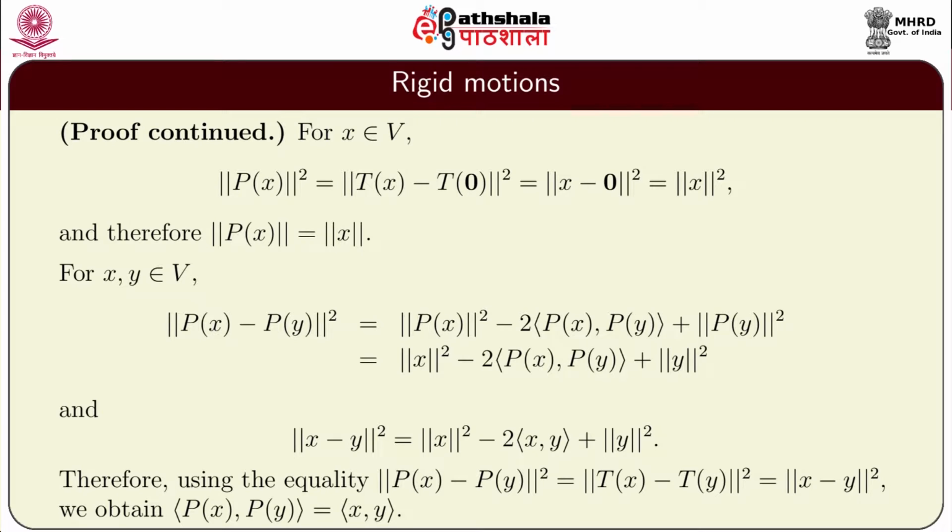And for x, y in V, norm of Px minus Py square is equal to norm of Px square minus 2 times inner product Px Py plus norm of Py square. We have shown just now that norm of Px is norm of x, therefore this expression on the right hand side is equal to norm of x square minus 2 times inner product Px Py plus norm of y square, and norm of x minus y square is equal to norm of x square minus 2 times inner product xy plus norm of y square.